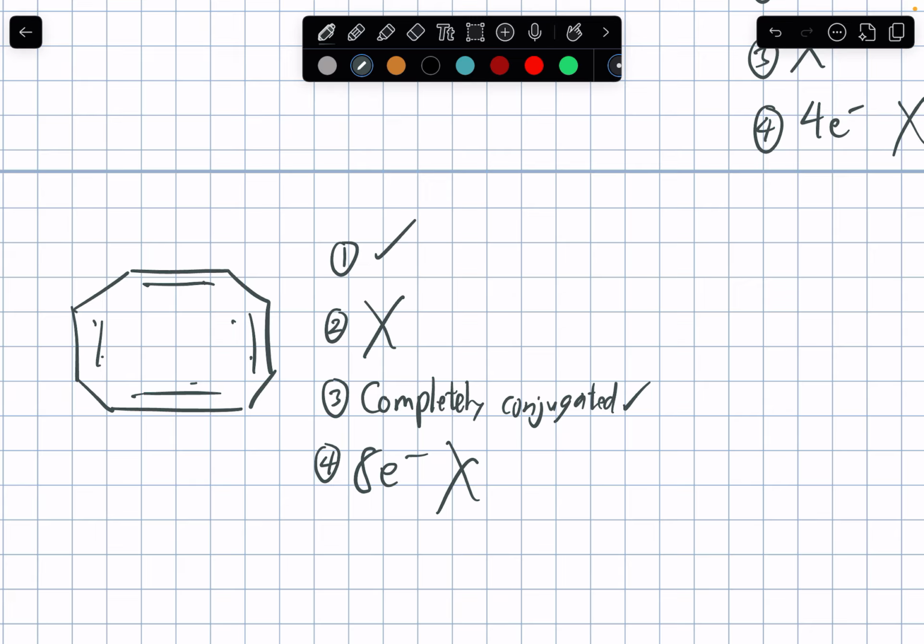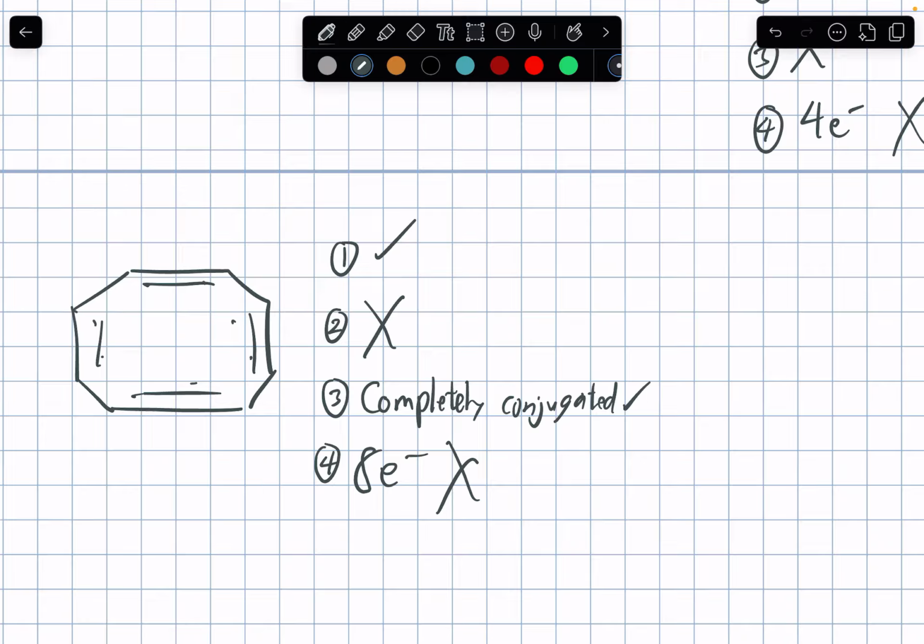So for sure, benzene does not have. Let's verify that. Does benzene have chair conformation?